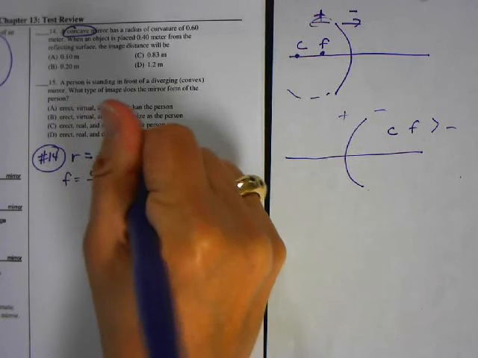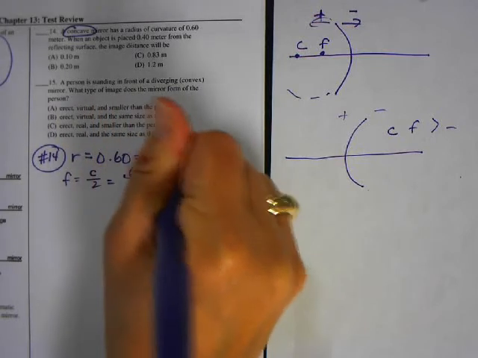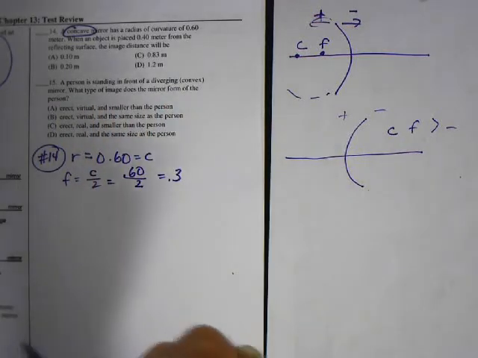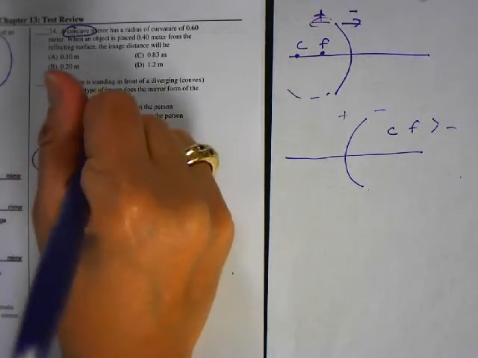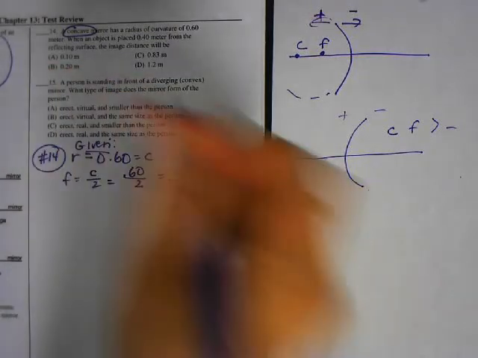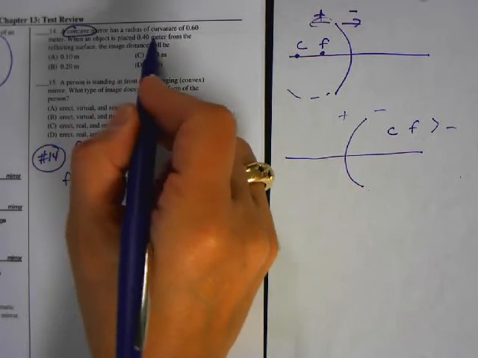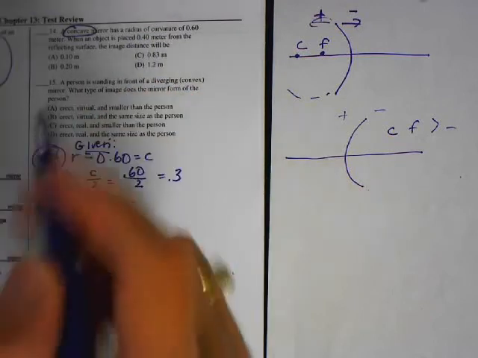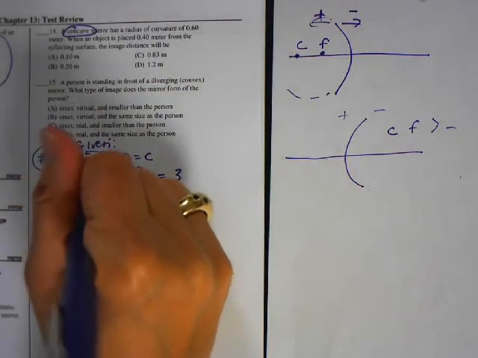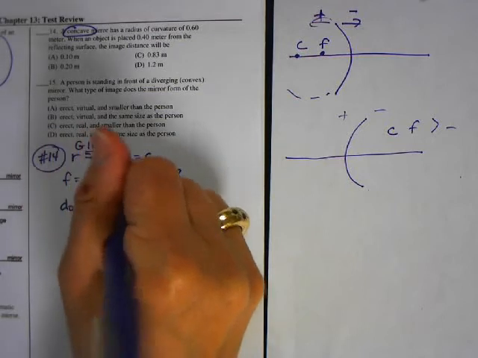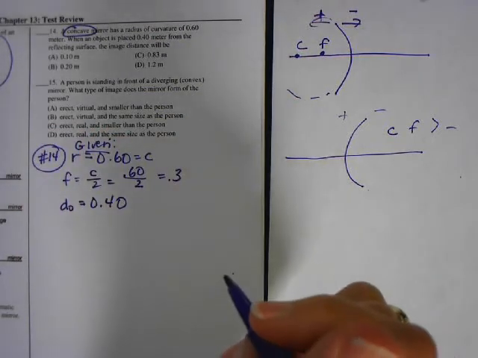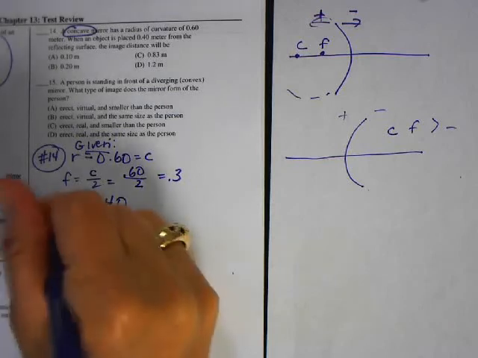So it's 0.6 divided by 2 is going to be 0.3. So that's in my given. Then it says when an object is placed, so that's the distance of the object, DO, that's equal to 0.4. What is the image distance? So I want to find DI.